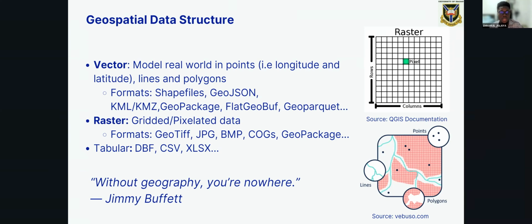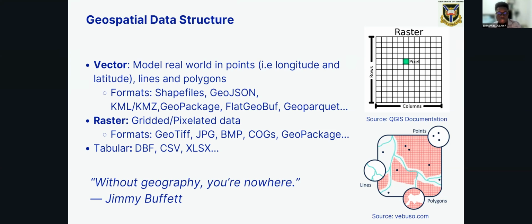They also have this format as well, the shapefile. So it's also very popular. If you ask someone that is new to GIS, or even an experienced GIS person, the Esri shapefile is usually the format that they talk about a lot. It's very popular. But there are also other formats that are even better than the Esri shapefile, depending on your use case.